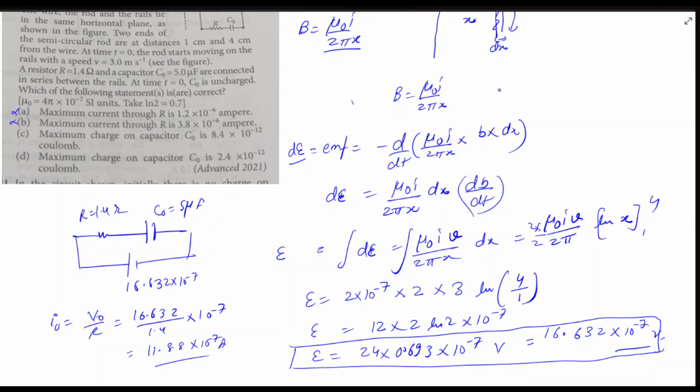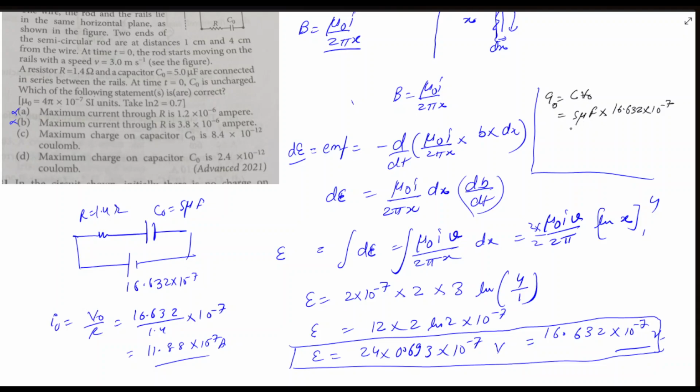Let's find the maximum charge on the capacitor. So I'm writing it here. Q will be equal to C V naught, so this will be the maximum charge. C is 5 microfarad, multiplied by the potential, 16.632 into 10 raised to the power minus 7.